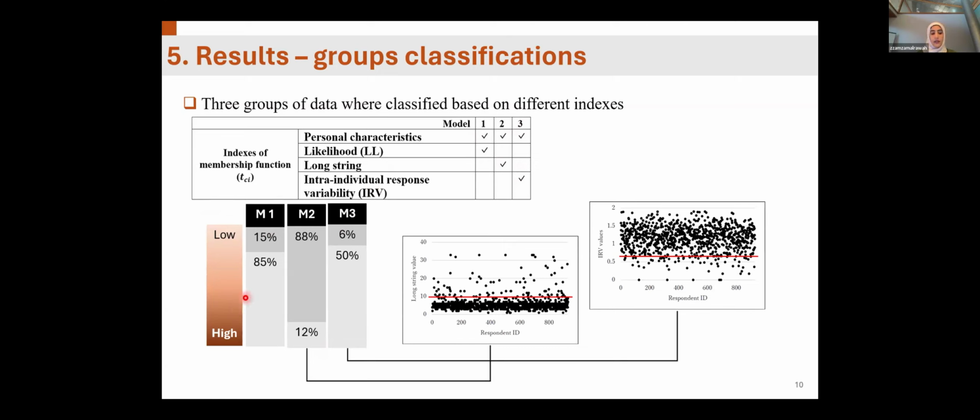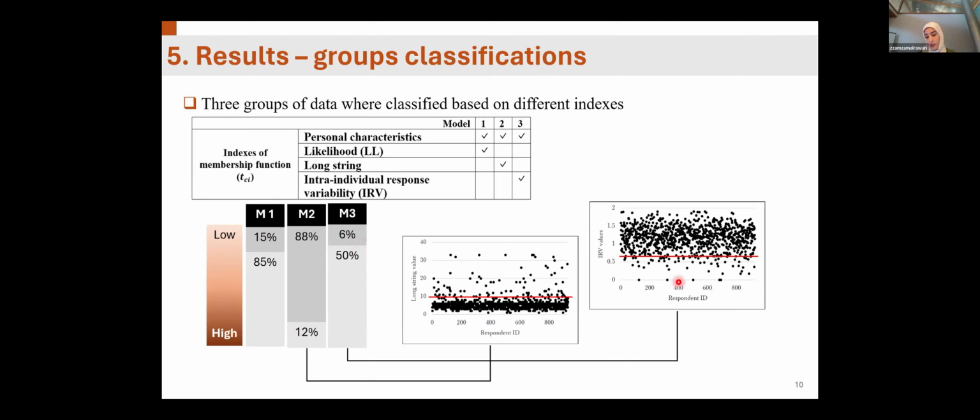For the first model, as I've mentioned, we have used the likelihood. We have dummied the 15% lowest values for the likelihood. For the second model, we have dummied the 12% higher values. And lastly, for the intra-individual response variability, the 6% were dummied.